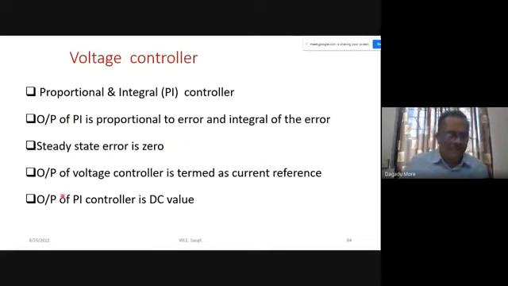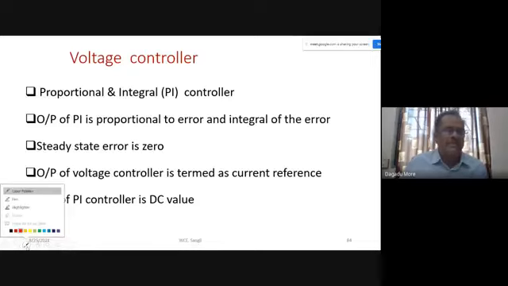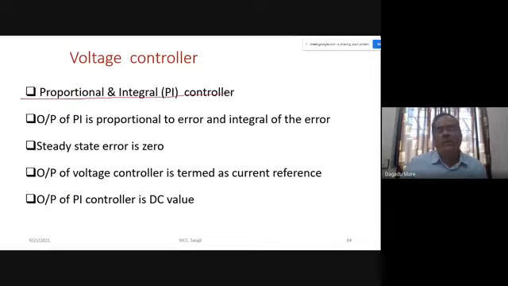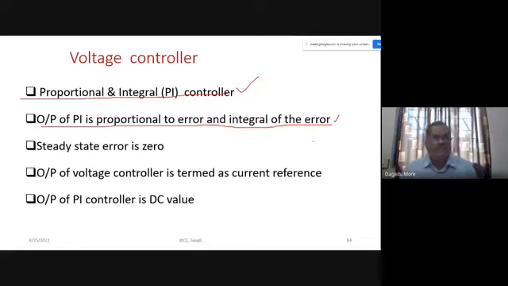Now whatever we discussed, we have summarized here. Proportional and integral control, PI control, we can normally use for all our power electronic systems. You know what the PI is: the output of the PI is proportional to the error of the signal applied, and the integral of the error applied to the controller.